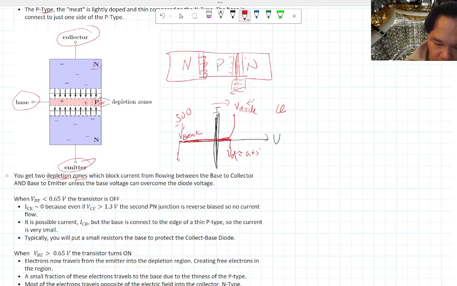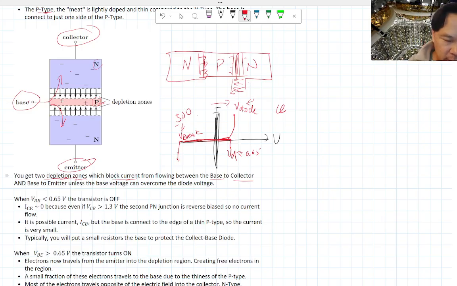So the current is blocked between the base and the collector. I'm going to start using these words. From the base to the collector, you cannot flow current this way. You also cannot flow current the other way unless you overcome the diode voltage. So let's see what happens whether or not you overcome this diode voltage.